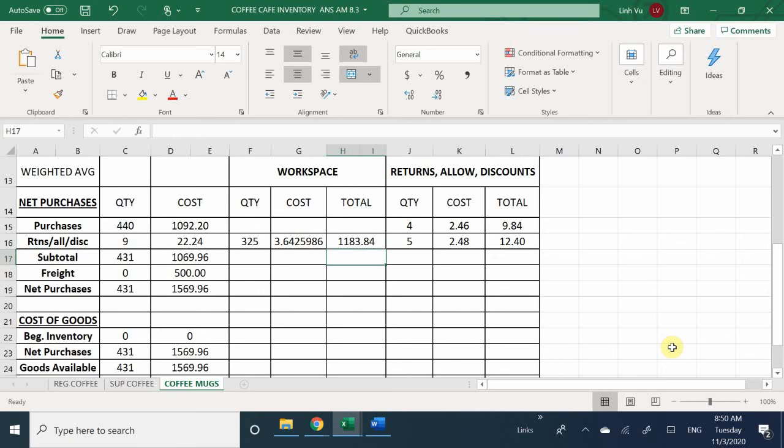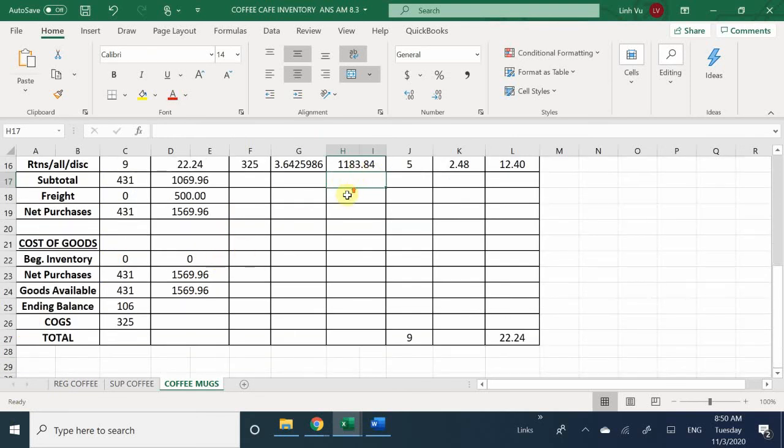You rounded too early. It's 1183.84, times 3.6 and the rest of the digits. You're right. 1183.84.